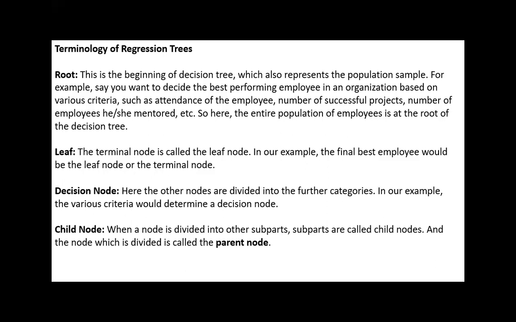This is Dr. C.H. Kiran Kumar dealing you the machine learning part, and now we are in almost the last topic of tree models, that is regression trees. The terminology of regression trees I already discussed: leaf node, decision node, child node, parent node.